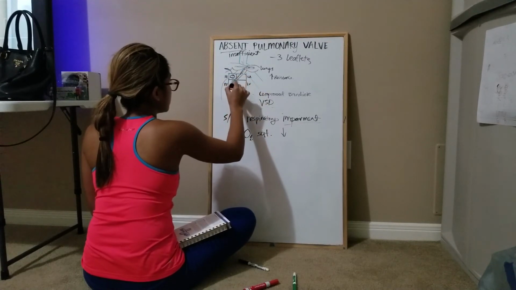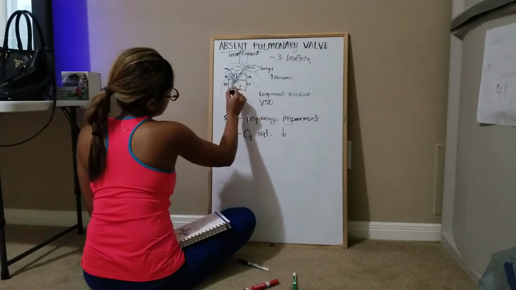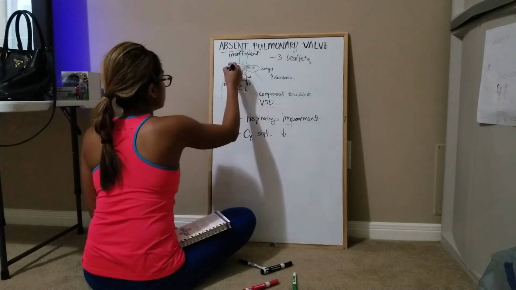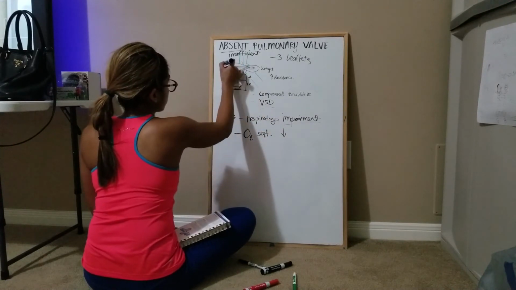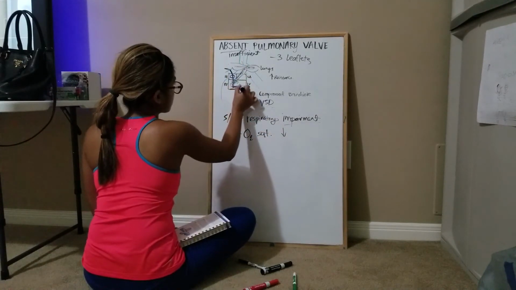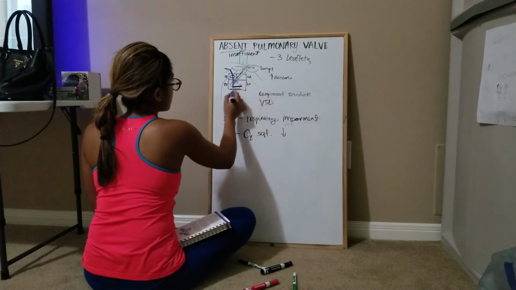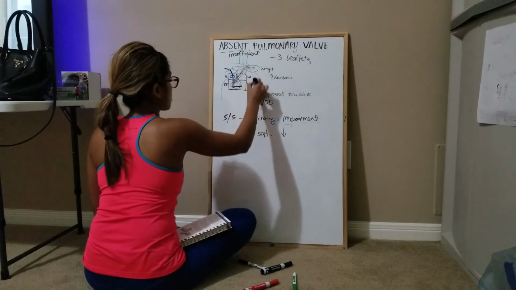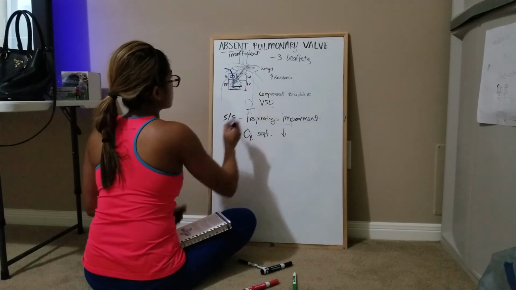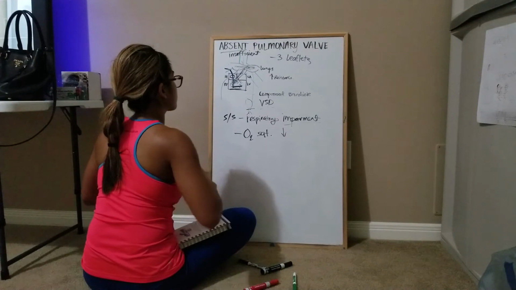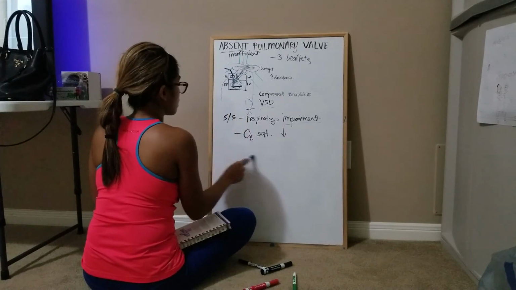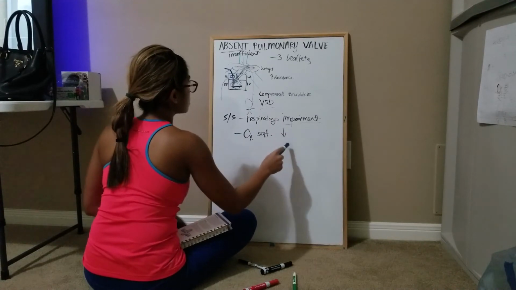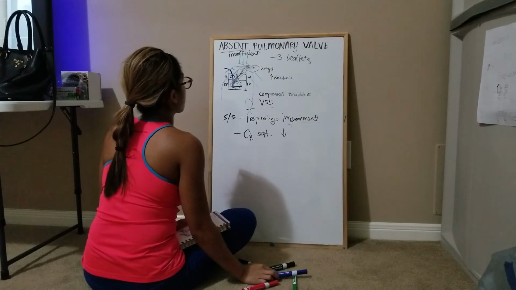So instead of the blood going up here, it would rather just go to the left ventricle. And you know this is the deoxygenated blood coming from our body. Instead of going to the lungs to get oxygenated, it goes straight to the left ventricle and to our systemic circulation, which is our body here. So that causes oxygen desaturation. The compression causes oxygen desaturation.